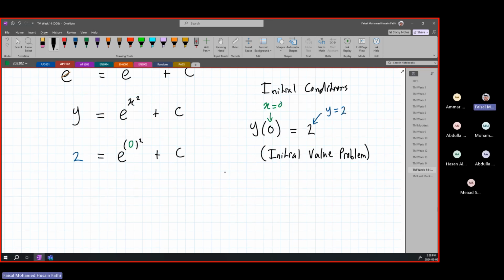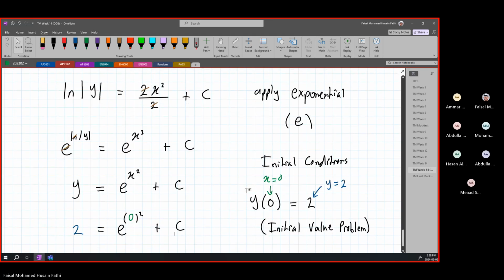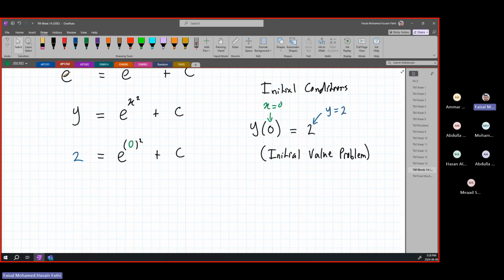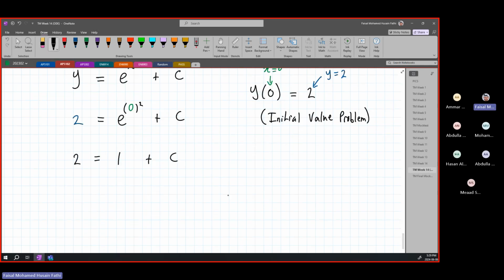Meaning, if we have 2, this is going to be 2 is equal to e to the power of 0, which is just, anything to the power of 0 is just 1 plus c. So c is equal to 2 minus 1. In other words, c is equal to 1.